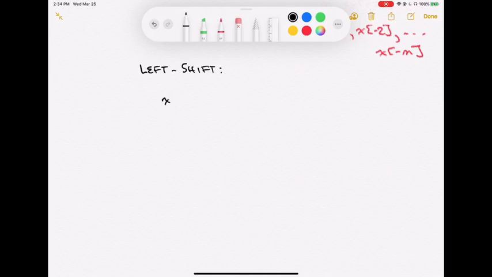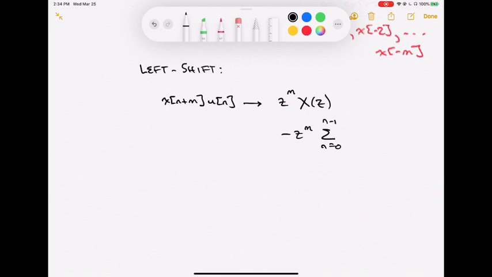So I'm going to write that out as an x of n plus some cap M, u of n, something like that. And that would transform to not a negative power of z, but a positive power of z, weighting our x of z. And then we have these extra terms, minus z to the m. This is a summation n equals 0 to m minus 1, and then I'm going to have my little x of n and a z to the minus n.